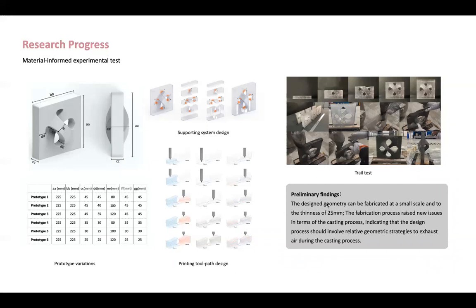The finding of this test is the design geometry can be fabricated at a small scale, but new issues arise in the casting process. It indicates that the design process should involve more relative geometric strategies to expel the air during the casting process.